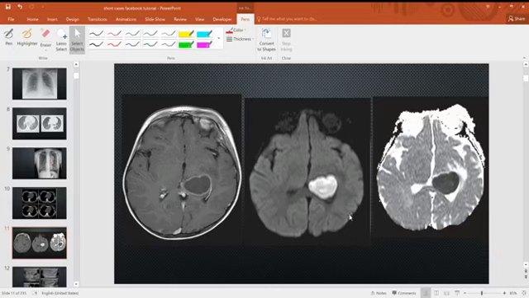The cavity or necrotic material in the lesion shows restricted diffusion, black on ADC, and this is classic for abscess.